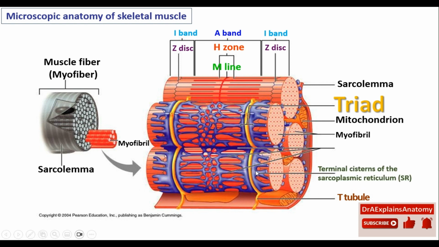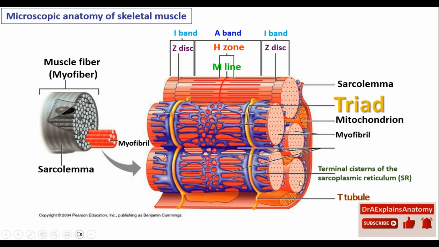These are the terminal cisterns of the sarcoplasmic reticulum. So when it comes to the skeletal muscle cell, instead of having rough and smooth endoplasmic reticulum, we have sarcoplasmic reticulum. Notice how the sarcoplasmic reticulum wraps around each myofibril.